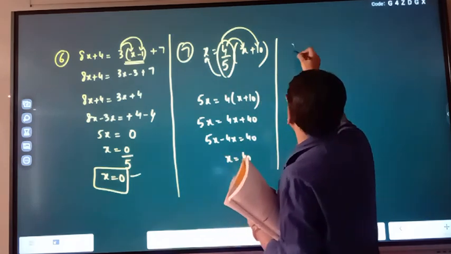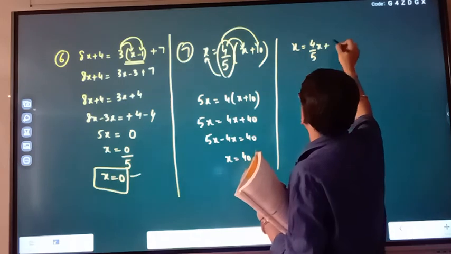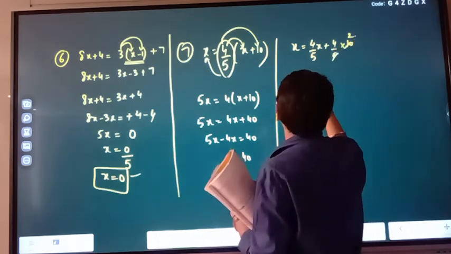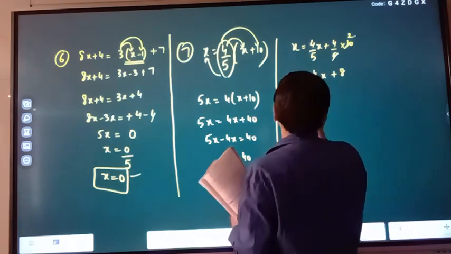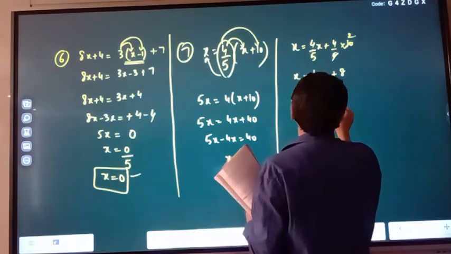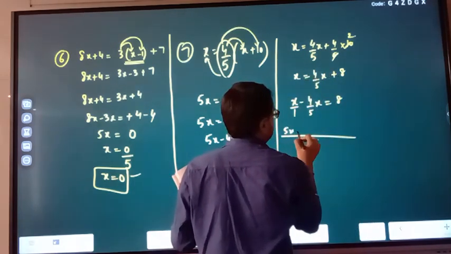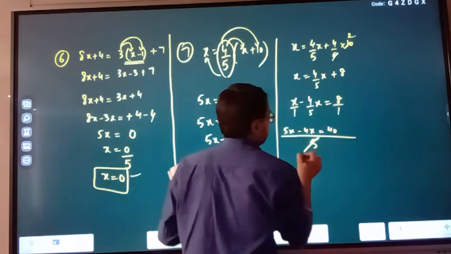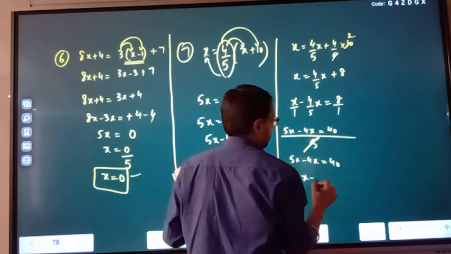Another method is to multiply 4 by 5 with x, plus 4 by 5 into 10. See, it cancels. x is equal to 4 by 5 x plus 8. Take this x, x minus 4 by 5 x is equal to 8. Take the LCM: 5x minus 4x, 1, 40. Discard the LCM. Ultimately, we are getting the same equation. x is equal to 40.